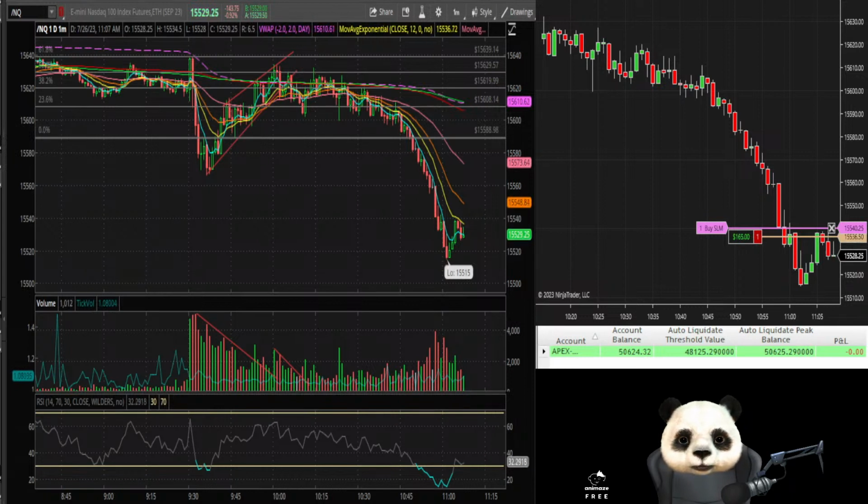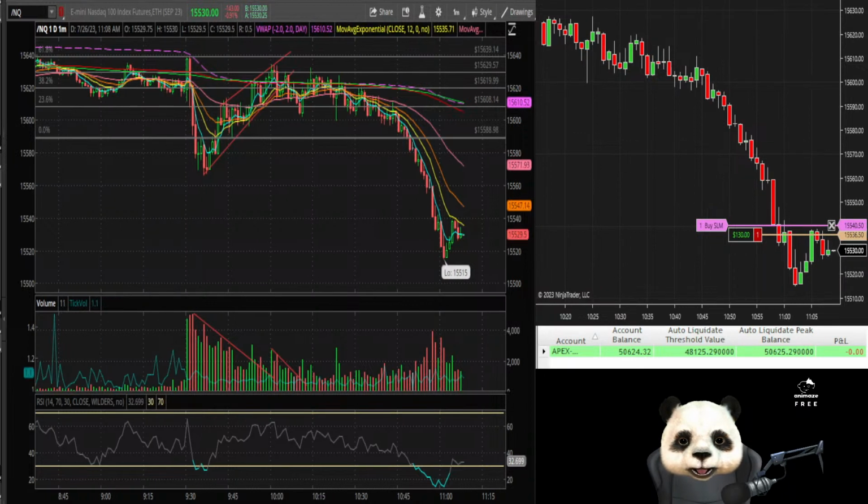Let me change this to a one cancels other order. Doing those here. So we're about $100 loss as my stop limit. And then we're gonna be targeting.